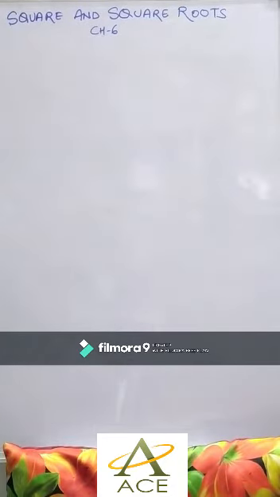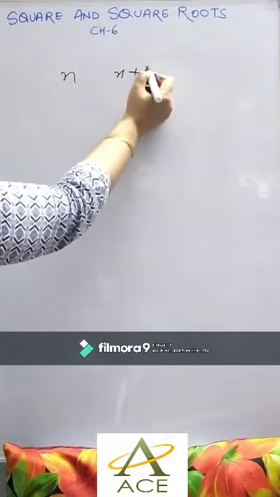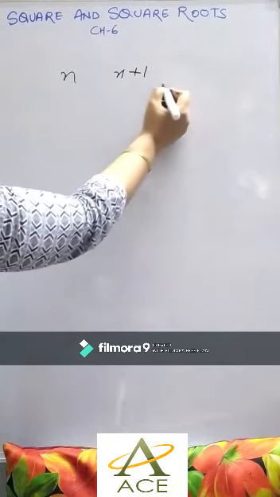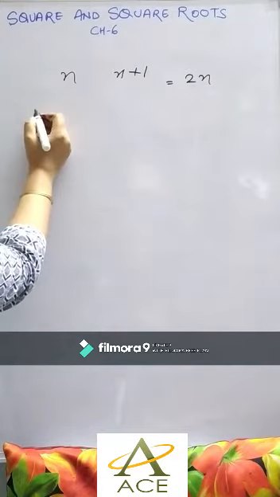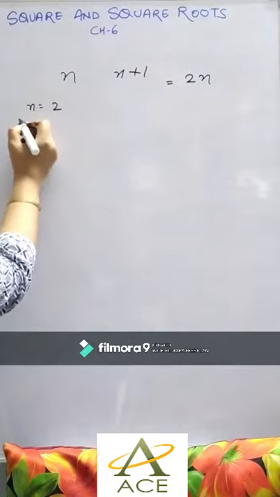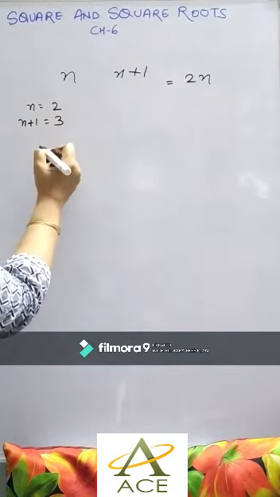Now next property is to find out how many non-perfect square numbers are there in between the square of two consecutive numbers. Suppose the numbers are n and n plus 1. So the result will be 2n. Take an example. Suppose n is 2. So n plus 1 will be 3.